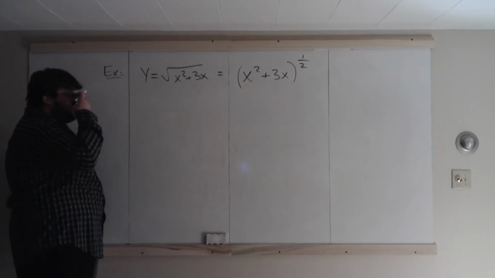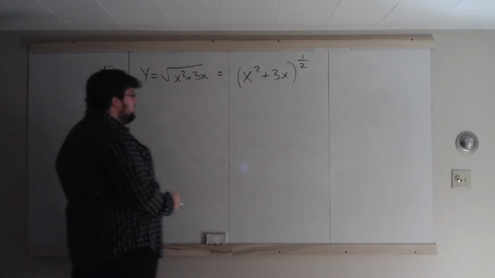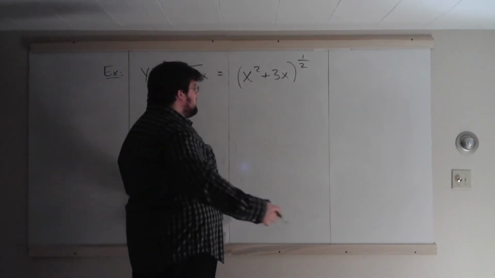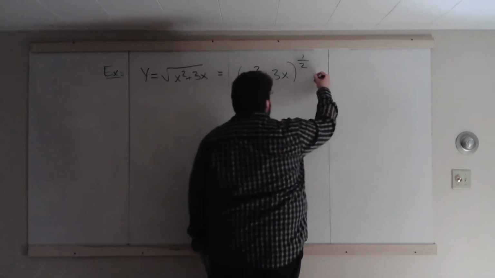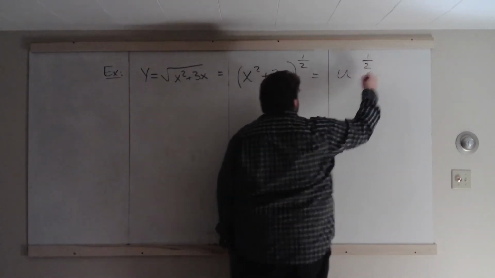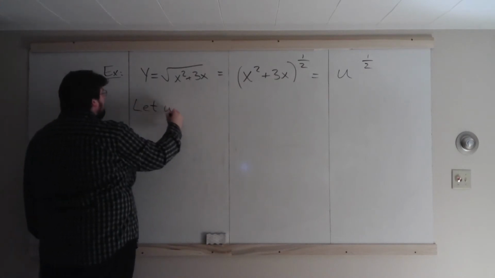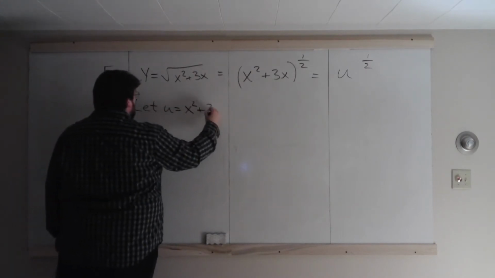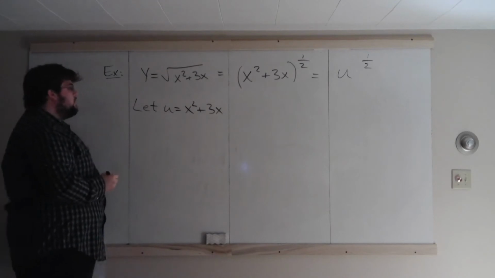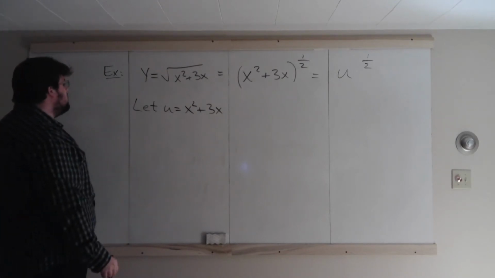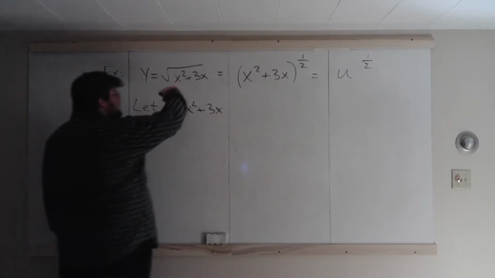Now, how do we take this derivative? Well, we know how to take the derivative of something to the 1/2. So let's let that something be u. Let u be x squared plus 3x. Then y is u to the 1/2.